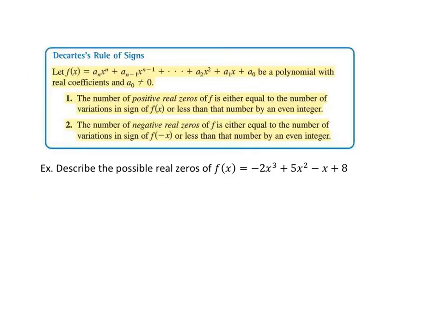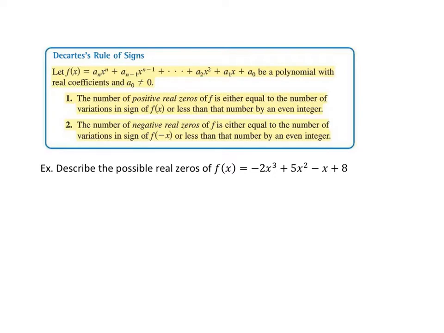Descartes' rule of signs can help you determine what kind of zeros you're looking for, positive, negative, or imaginary. What you do first is you take the number of positive real zeros is either equal to the number of sign changes that you have when you hop from a positive to a negative, or addition to subtraction.